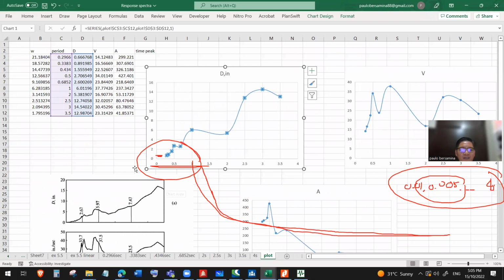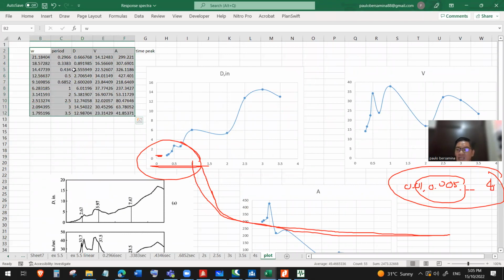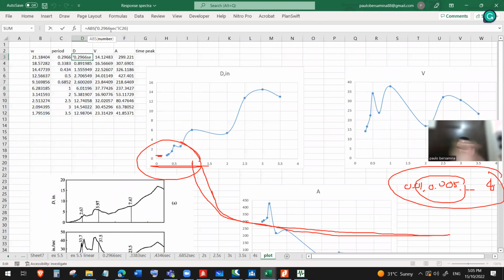Ginawa ko is, nag-come up ako ng isang table, naka-reference lang. Hinuhugot ko kada absolute max. Although, parang old school approach, kasi ang habol ko lang naman is to show the values.